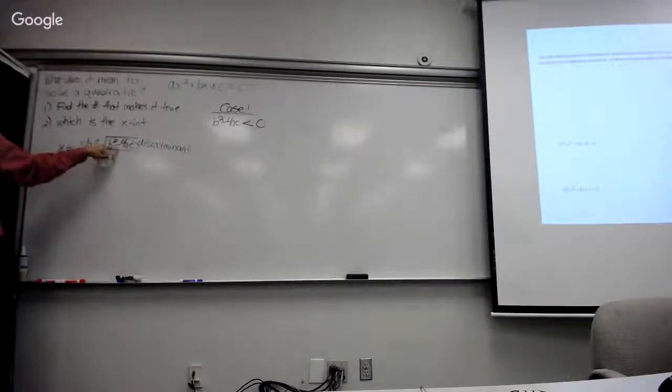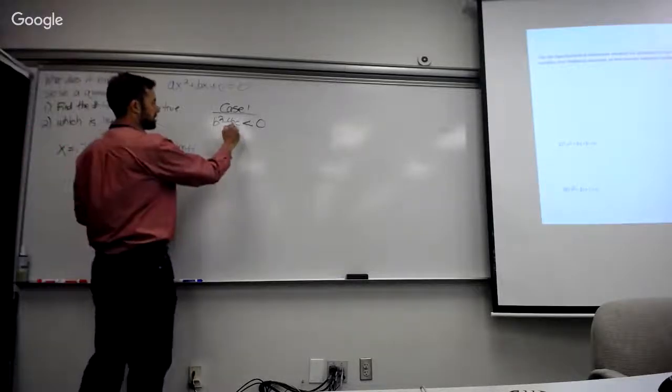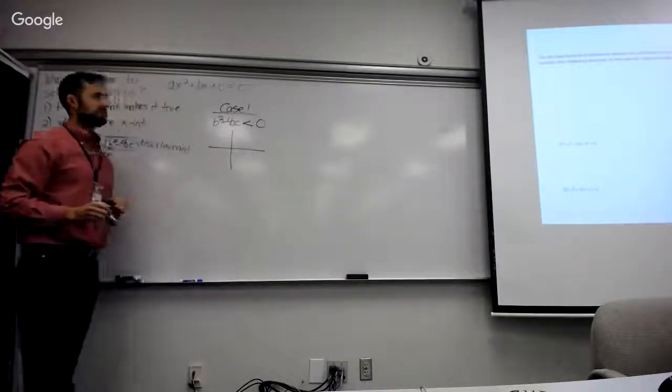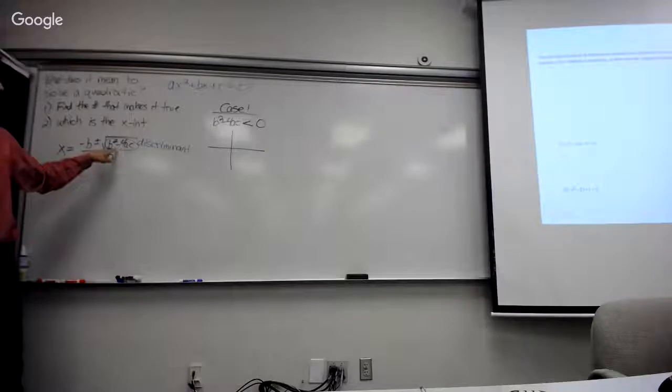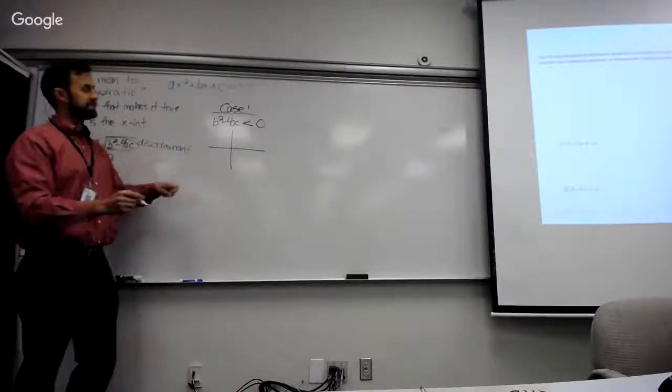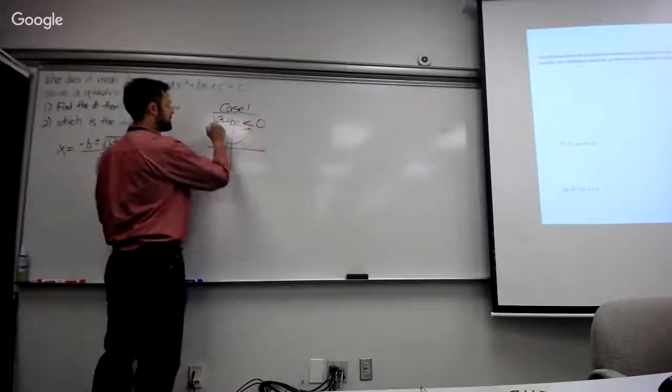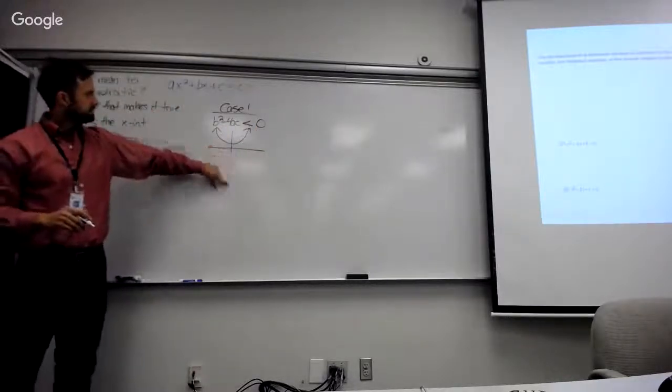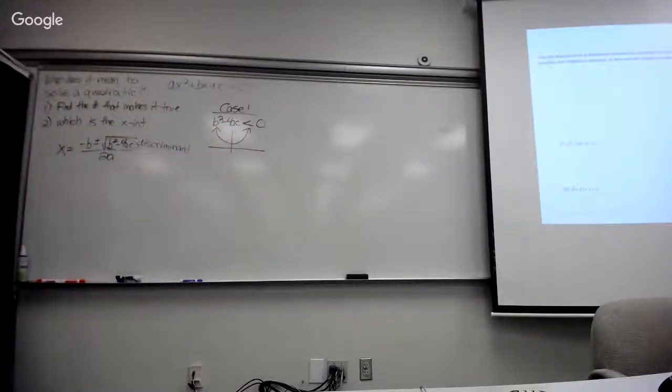Now, an imaginary answer cannot be found on the number line. So what did that tell us about our parabola when this part turned out to be imaginary? It doesn't hit the x-axis. So go ahead and draw a little picture of a parabola floating above. So that's one thing we know without solving the entire quadratic formula.